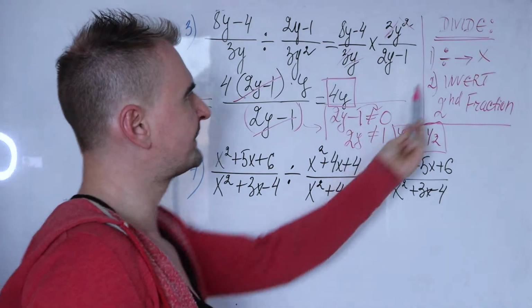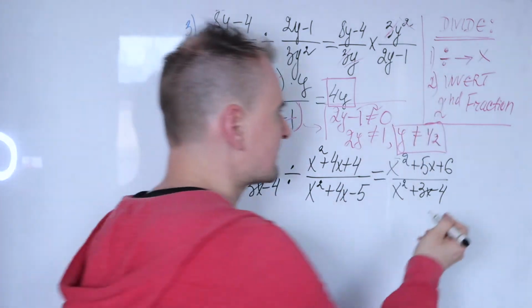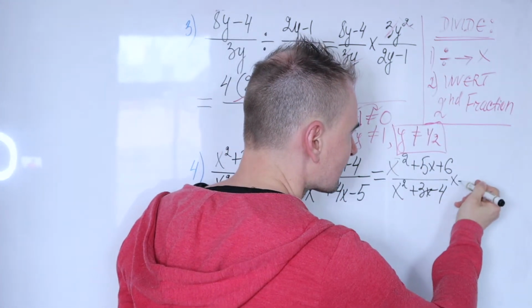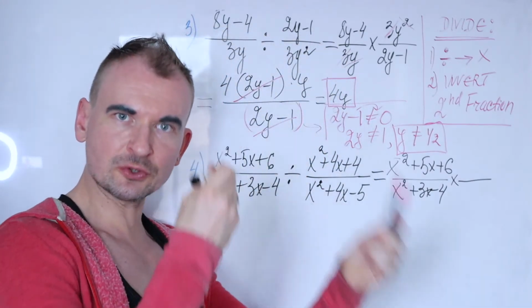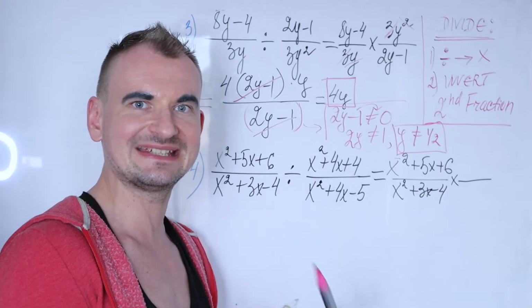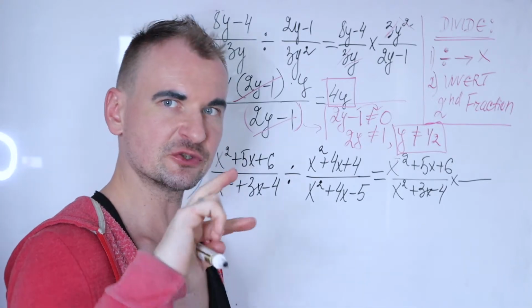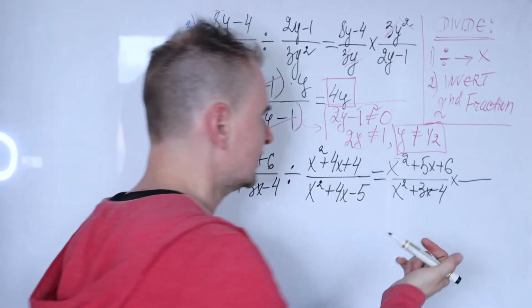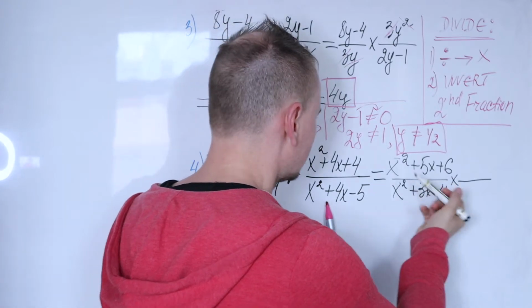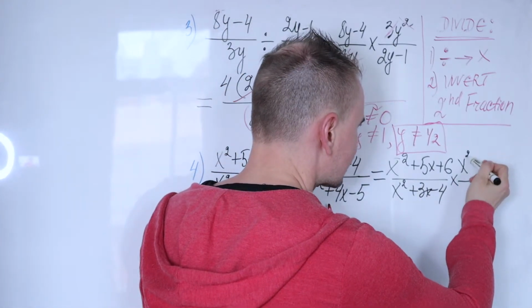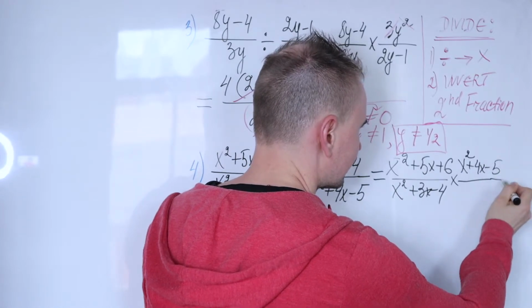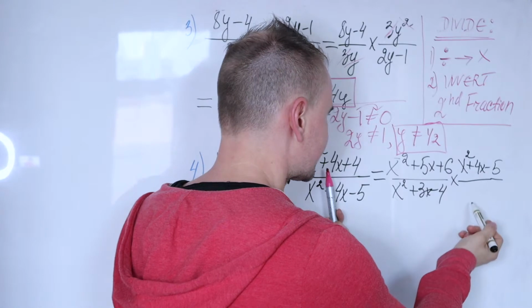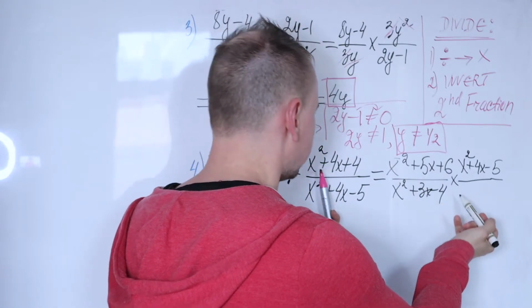Now you swap division to multiplication, and for the second fraction, you want to invert it. You want to take the reciprocal. Basically, that means you switch your top and bottom. So this expression goes on top, x squared. And your old top becomes the new bottom.